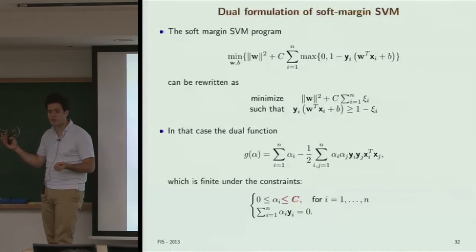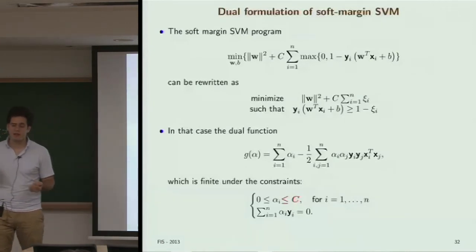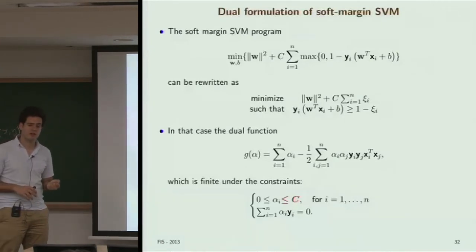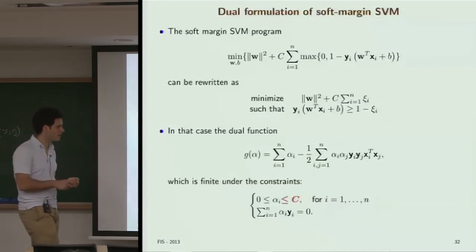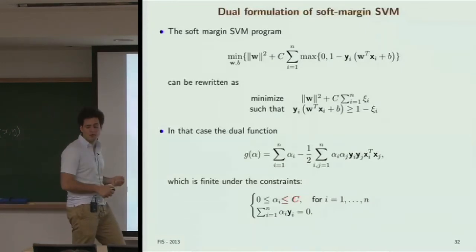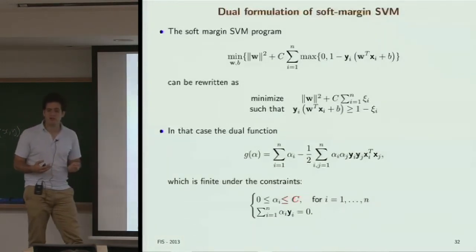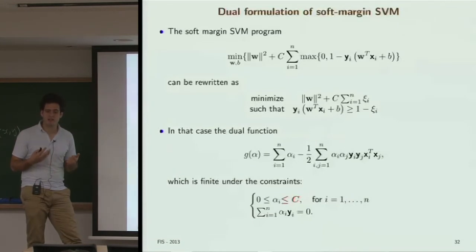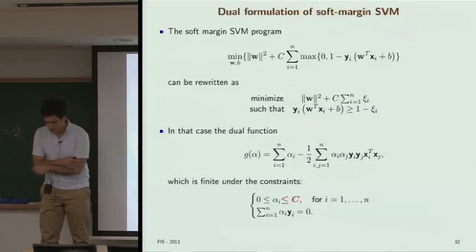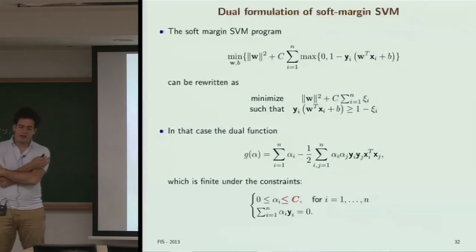If you let C go to infinity, then you don't care anymore about W. The only thing you care about is making as few mistakes as possible, and you will find a hyperplane that tries to separate by making the fewest mistakes possible.